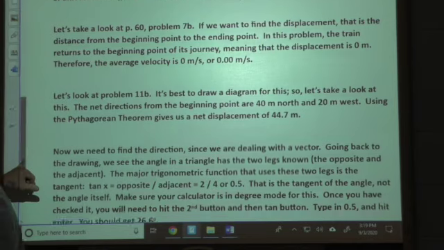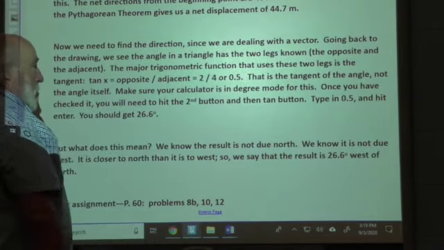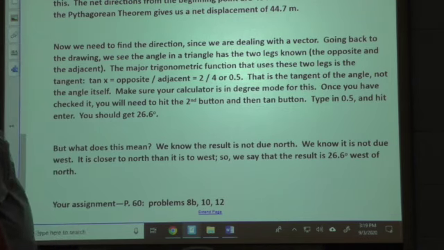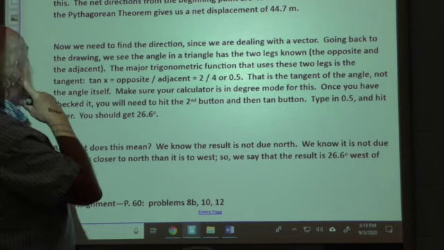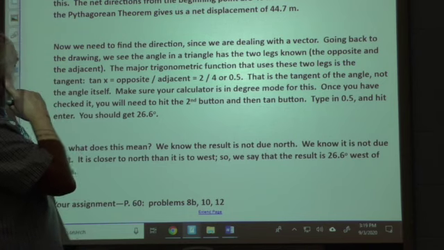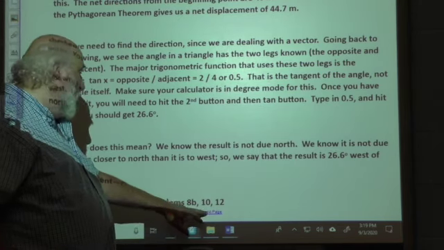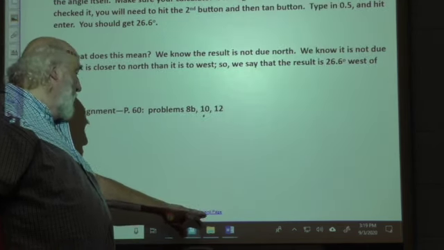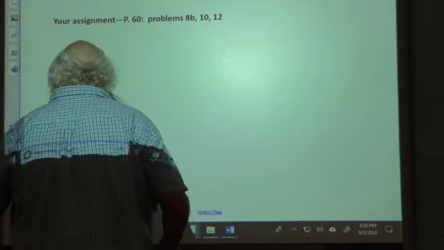Okay? So what is the net displacement? Well, actually what we're going to do is more than just the net displacement. We are going to find the net displacement, but we're also going to find the direction based upon what it says. It doesn't ask for it, but you know, I like to do things more than what is asked of me sometimes.